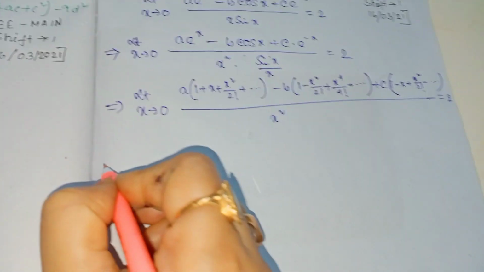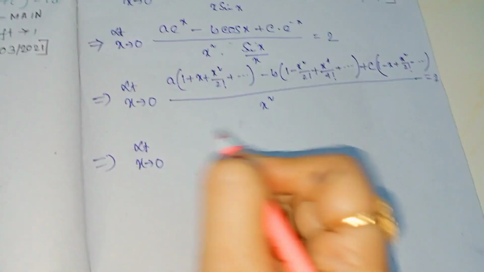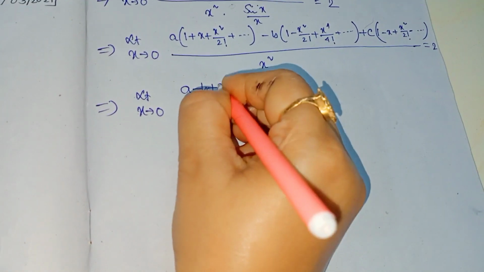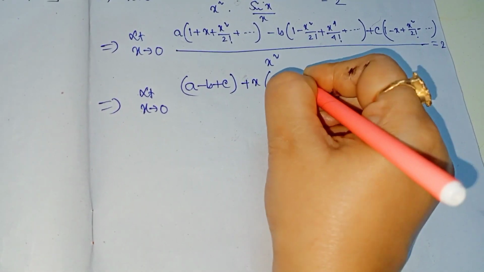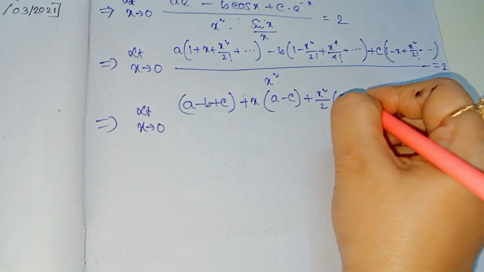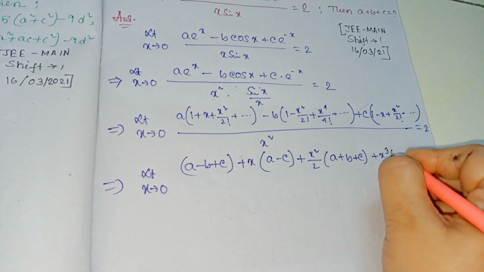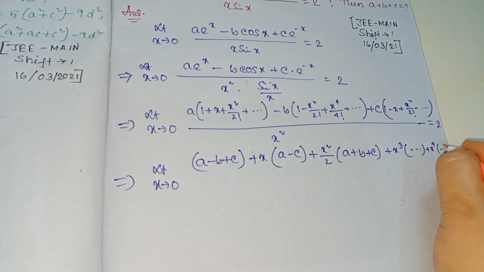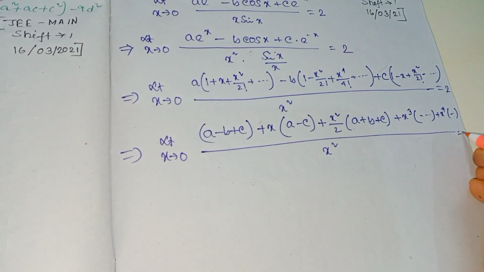So now limit x tends to 0. The constant term is a minus b plus c, and taking x common, we get a minus c, plus x squared by 2 common (a plus b plus c), plus x cubed common some terms, and x to the power 4, and here x squared. So that is equal to 2.